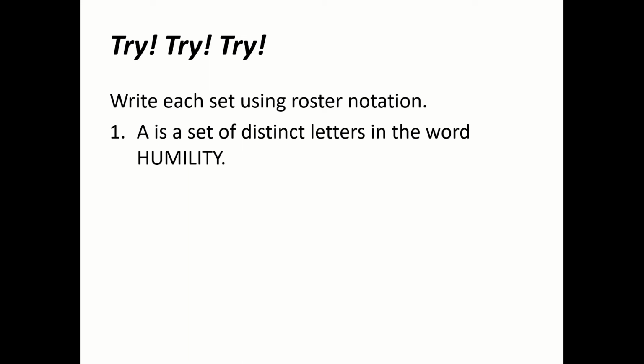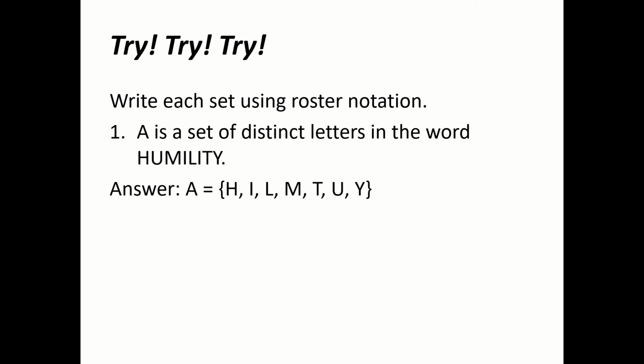So take note of the word distinct, meaning if the letter is indicated twice or more, you just have to consider one of it. So since we're talking about roster notation, we will list down the members of this set. And that includes the H, the I, L, M, T, U, and Y.